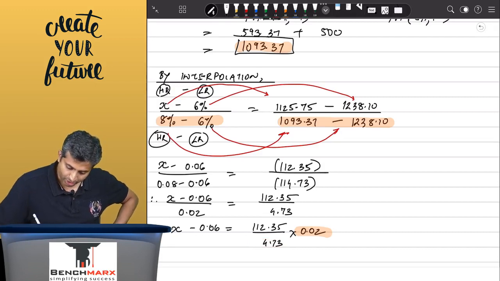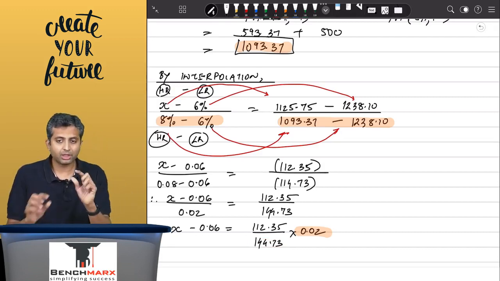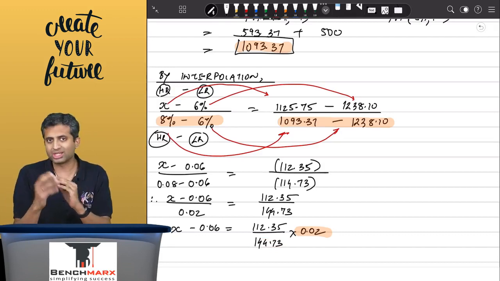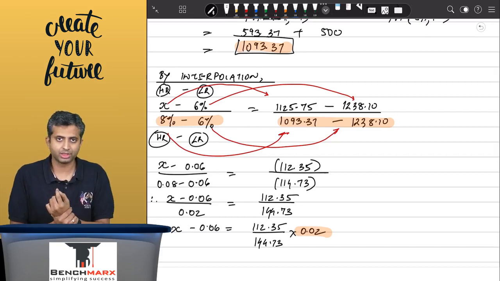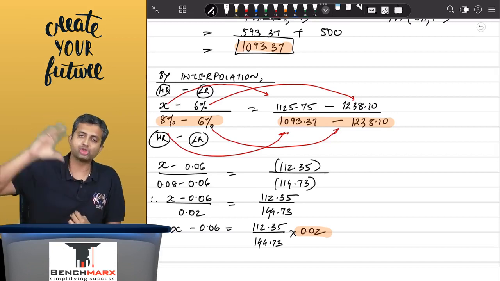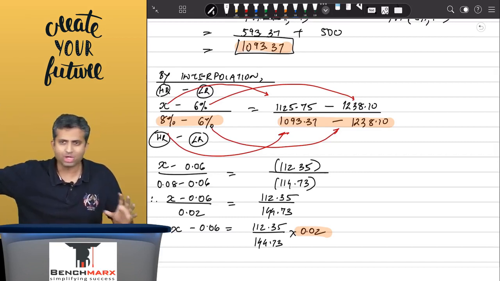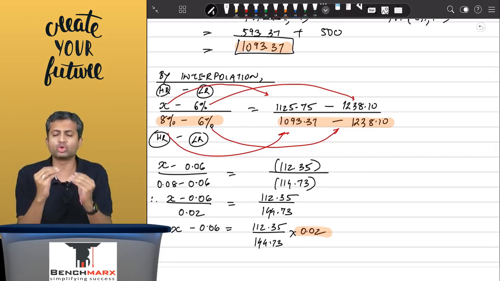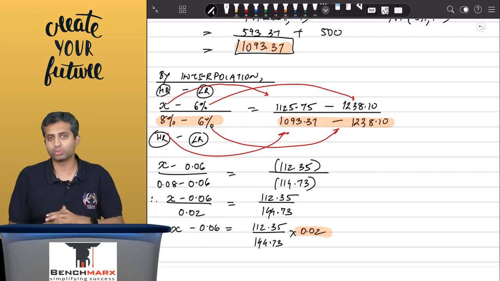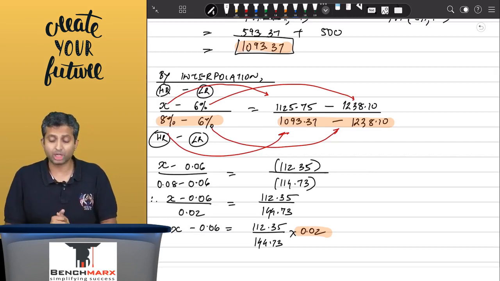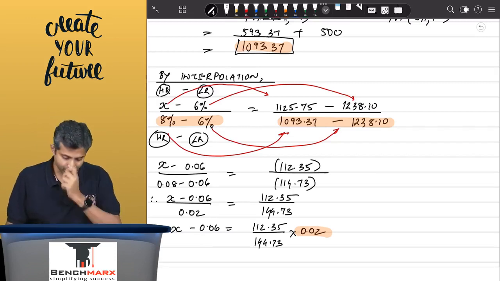So what does the cross multiplication say? Cross multiplication says that my present value changes by 144 when my discount rate changes by 2%. But do I need to change my present value by 144? No, I don't need to change it by 144. I just needed to change it by 112. So if my present value were to change by 112 rupees, then my discount rate should change by how much?